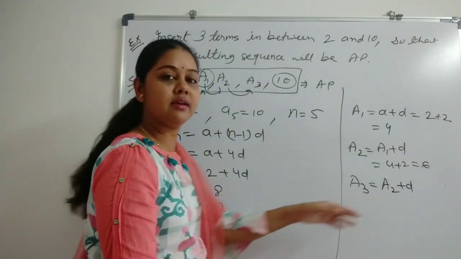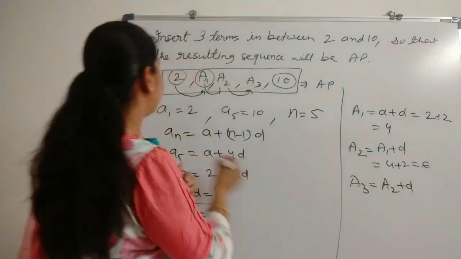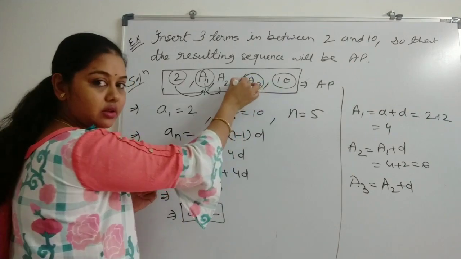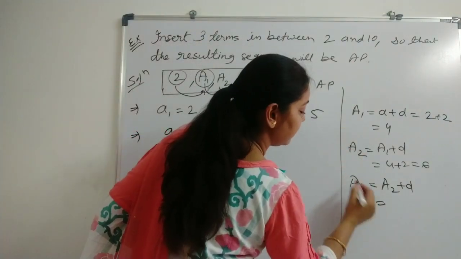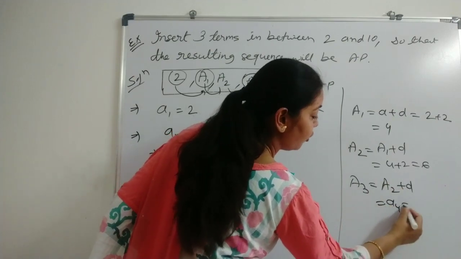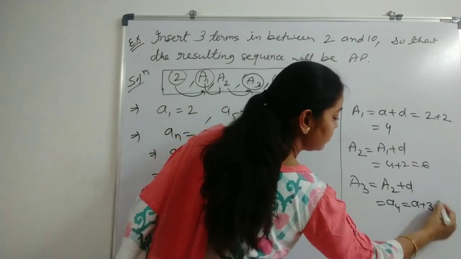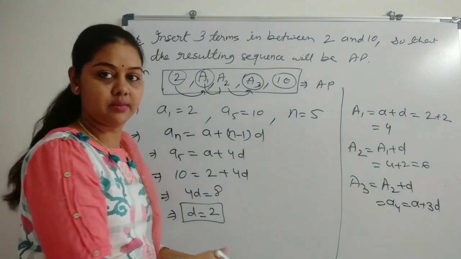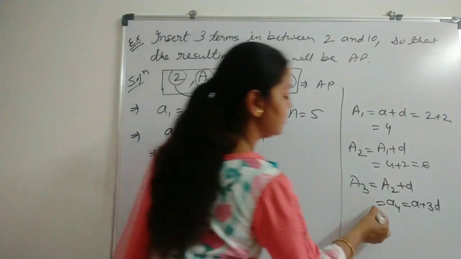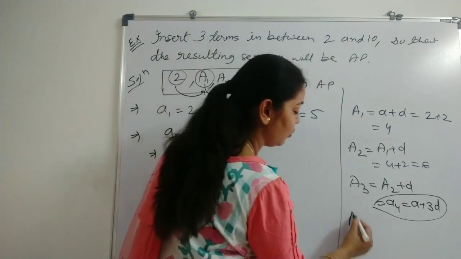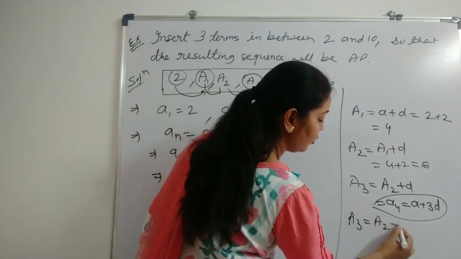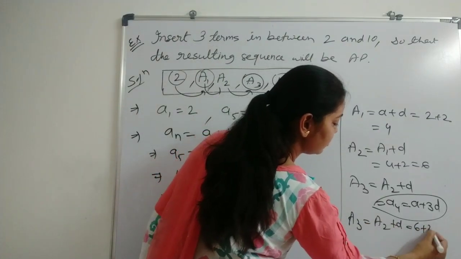I can write it like a2 plus d, or I can also write it as a4, it means a plus 3d. Both are the same. We can find using this formula, or you can write using this. What is a3? a2 plus d, that is 6 plus 2, that is 8.